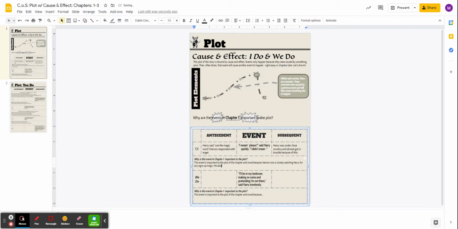He also is continuing to build his intolerance of anything different. You can say because he hates magic.